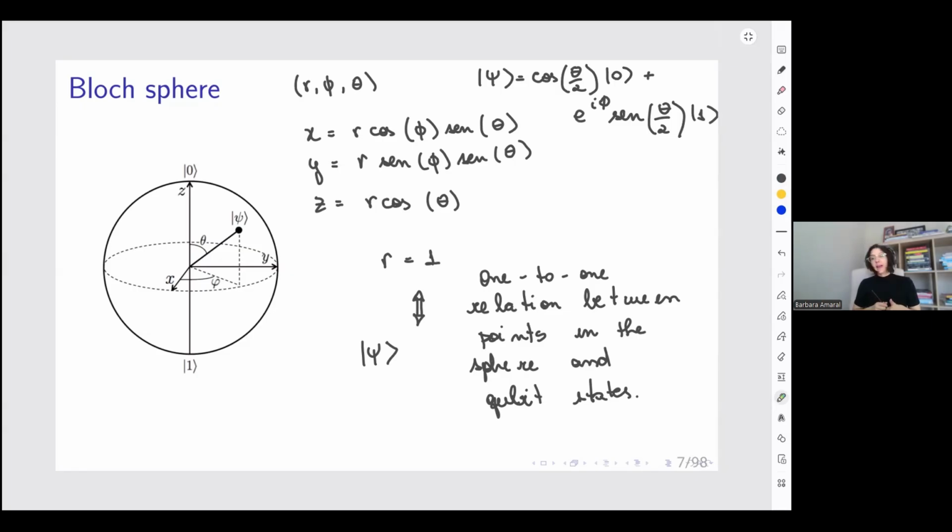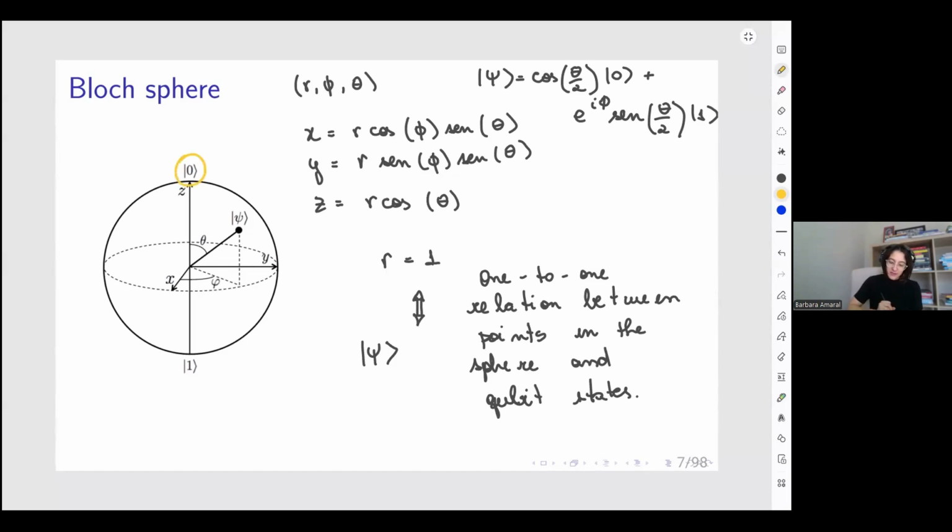So whenever I have a 90-degree angle in C2, I have a 180-degree angle in R3 because I'm multiplying the angle by 2. So you will see that orthogonal vectors in C2 are going to be mapped to opposite points, antipodal points on the sphere.